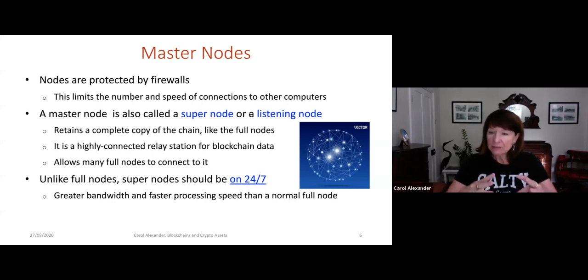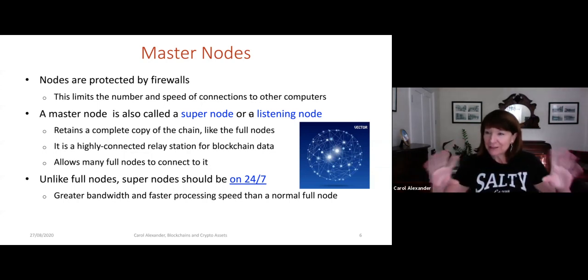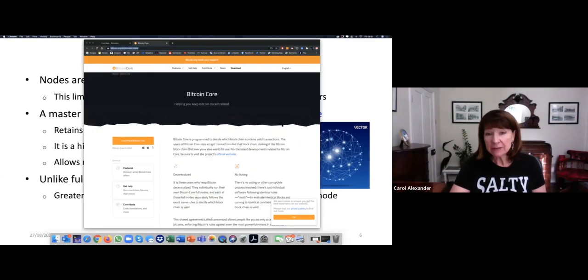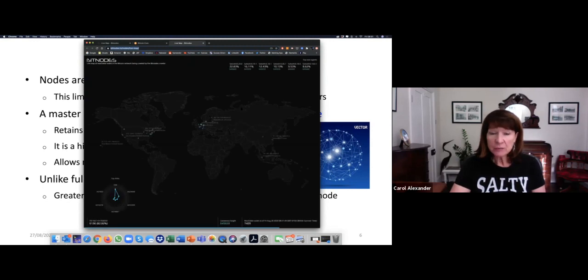And a master node will have many full nodes, and the full nodes will have light nodes, okay? They should be on 24/7 so that they can relay information. So when you have a look at the map of these full nodes, you can see they're firing information across the world, and the map usually looks about the same, whatever time of day you look at it.